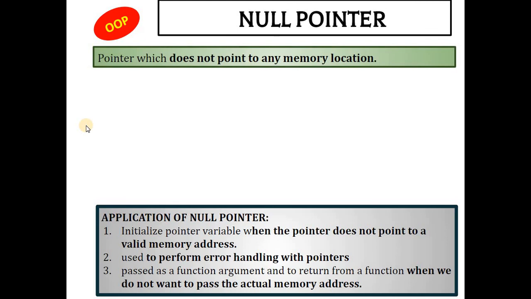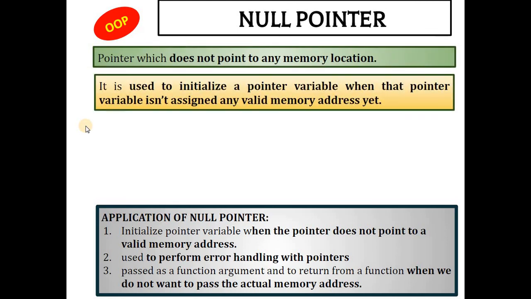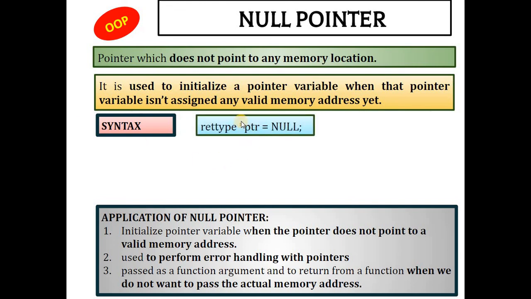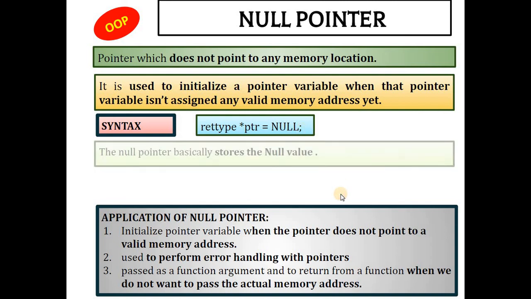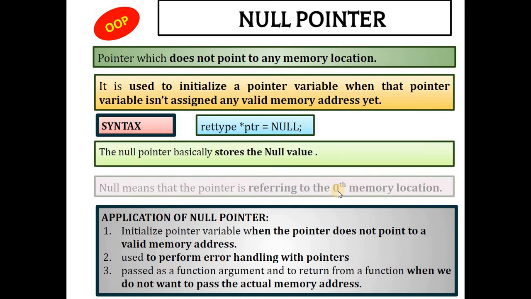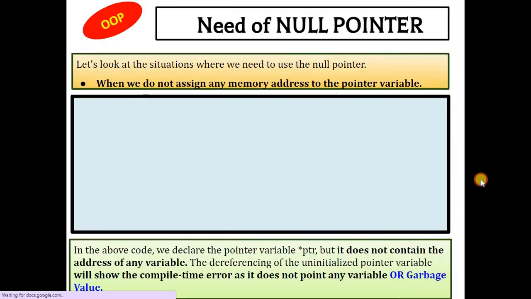So a pointer which does not point to any memory location is a null pointer, and it is used to initialize a pointer variable when that pointer isn't assigned to any valid memory address. We write it as return type asterisk ptr is equal to NULL in all capital letters. This is a null pointer which shows a null value, and it is referring to the 0th memory location.